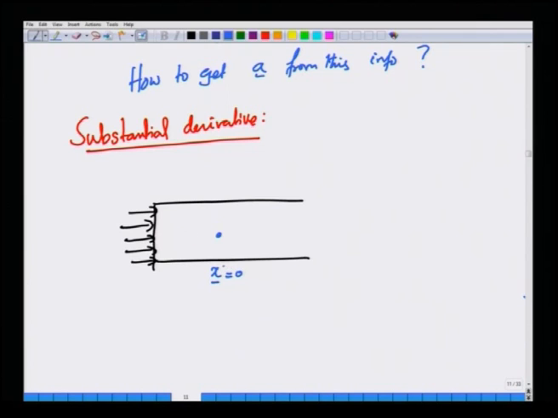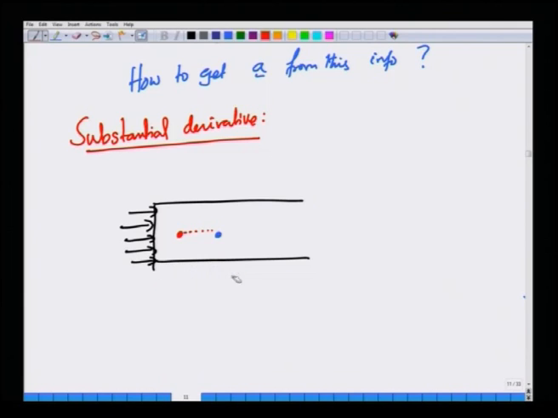At this point we had a blue particle, and at an earlier location x equals minus delta x, we had a red particle. Now, the distance is minus delta x.